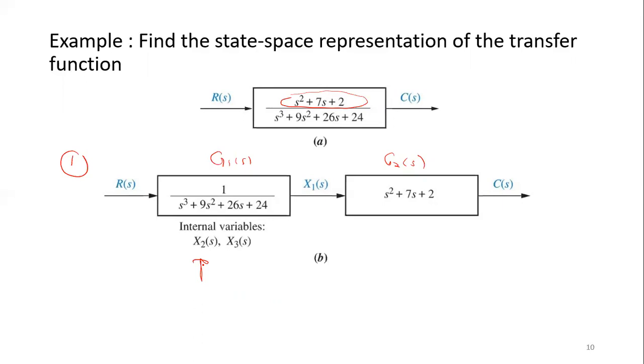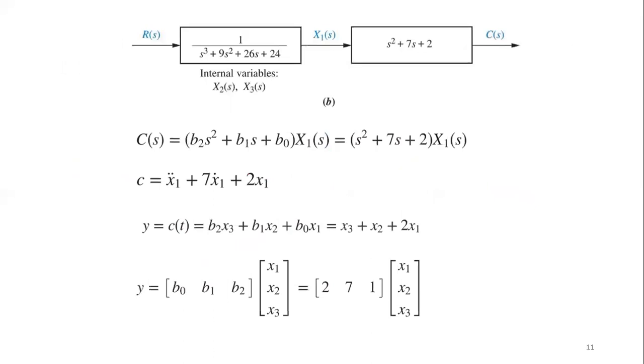What we defined in the previous example is that x1 equals c, x2 equals c dot, and x3 equals c double dot. Right? So what do we do here? First, C equals the transfer function here multiplied by x1. Next we transform it into the time domain.